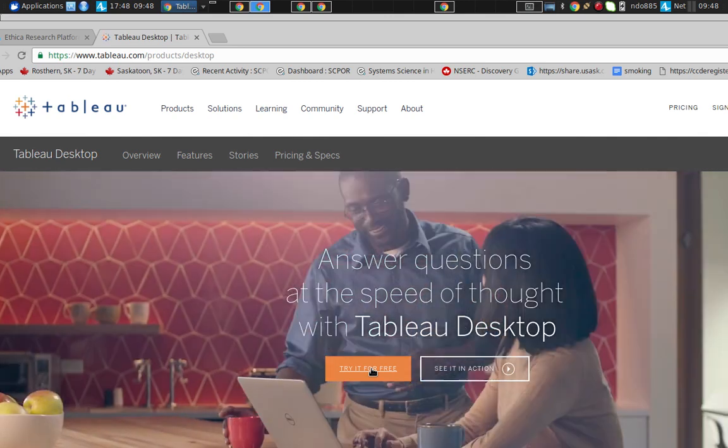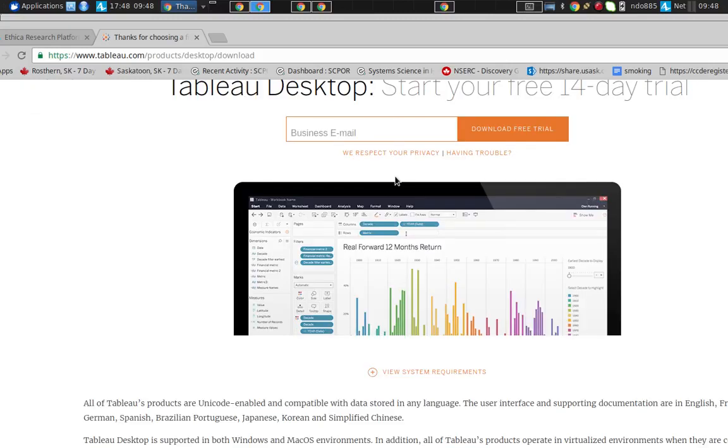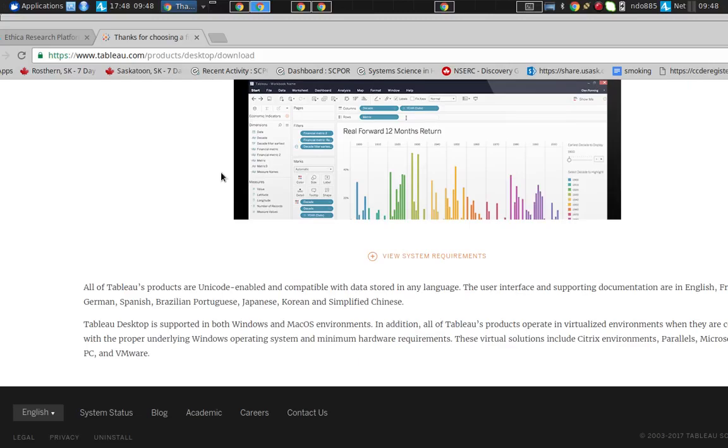Anyone who's with a university or an academic institution can get a free academic license as well. But it takes about 24 hours. Exactly, so it'll take some time. Here you can download and get a free trial, and I think you put in your email, and they send you a registration code.